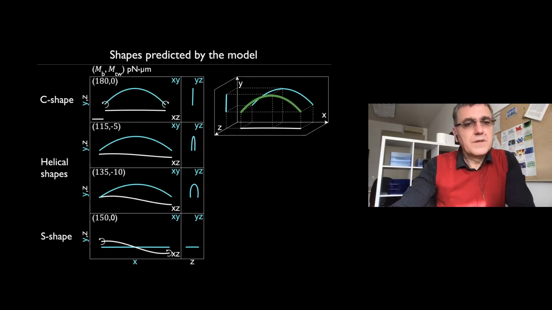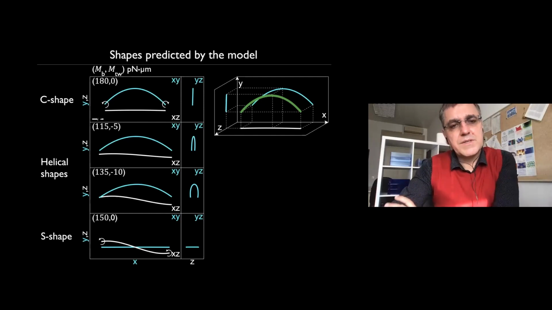Just to explain what one can see here: in blue is shown the y axis versus this main axis, whereas in white is shown the other, z axis versus this main x axis, as shown in this drawing.